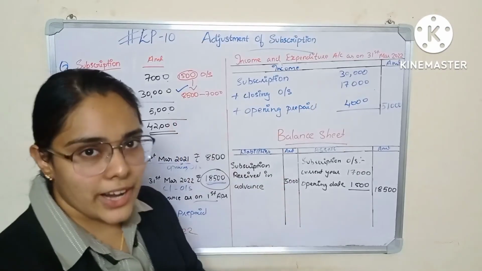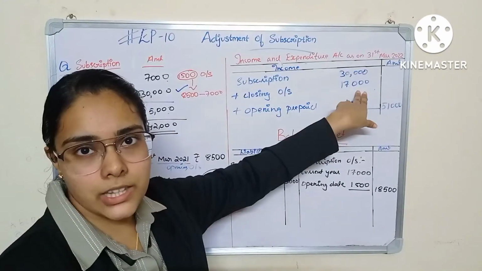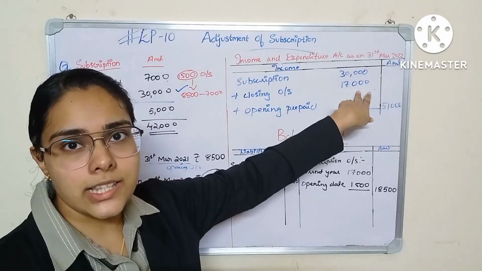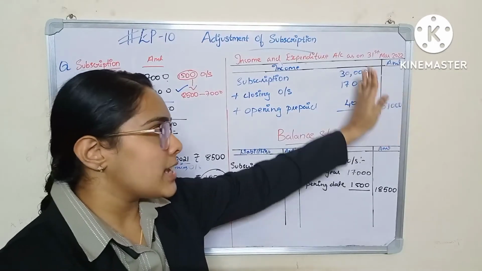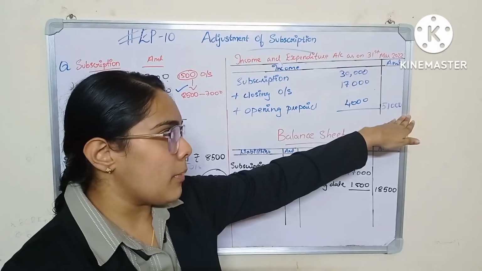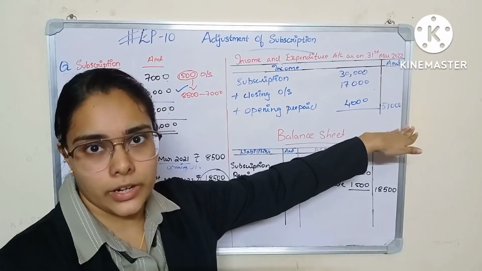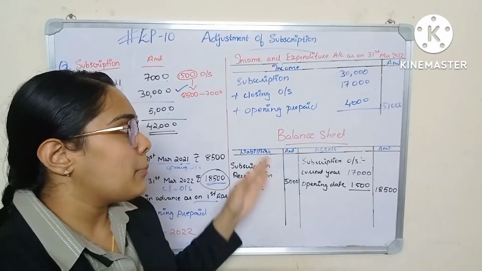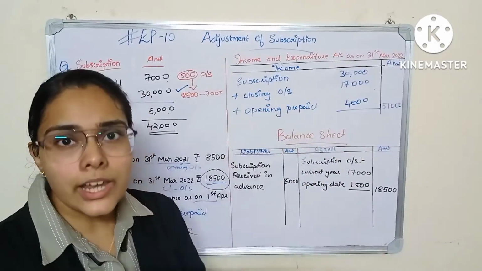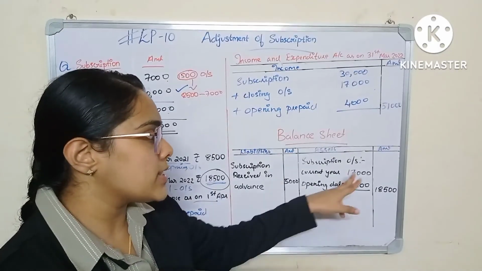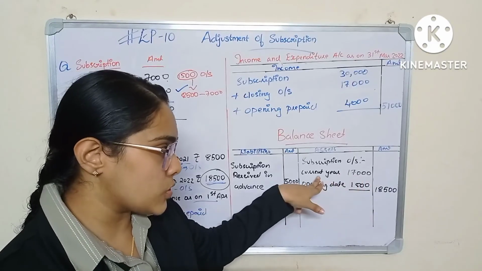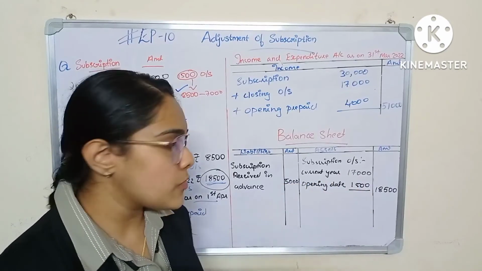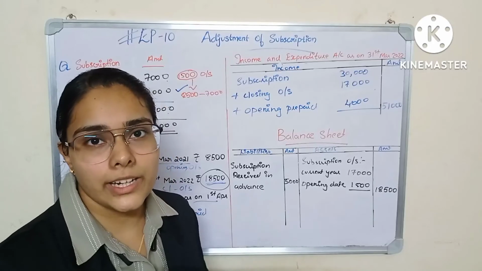So we subtracted that and we got 17,000 as the current year's outstanding. So you added all those figures up and you got the amount of subscription to be shown or to be received during the current year alone. Okay, and in the balance sheet, you will add all the closing outstanding, 17,000 which belongs to the current year, and 1,500 which belongs to the opening date.